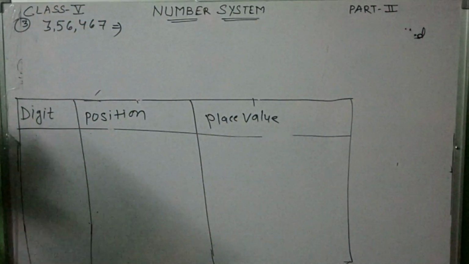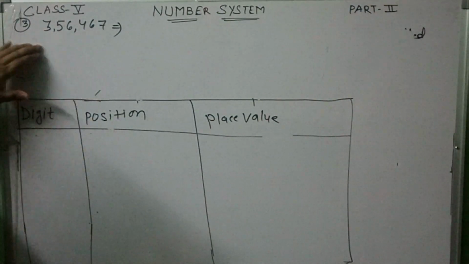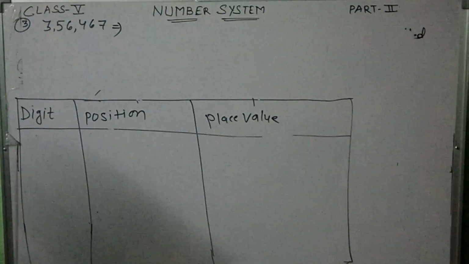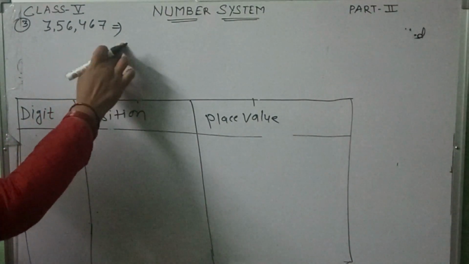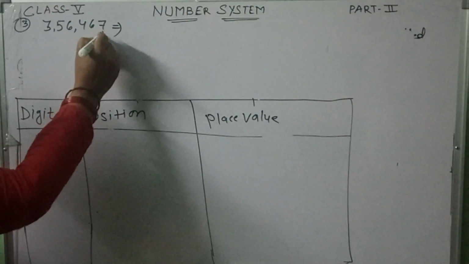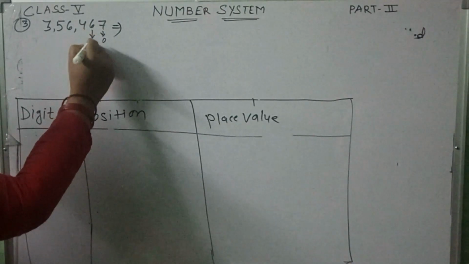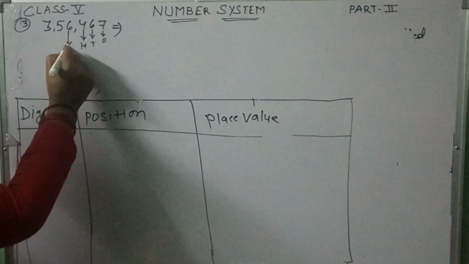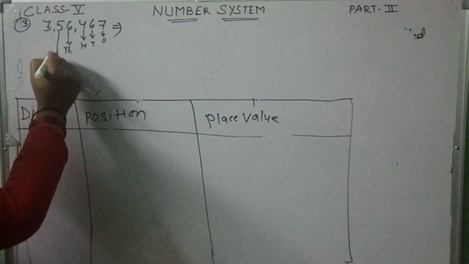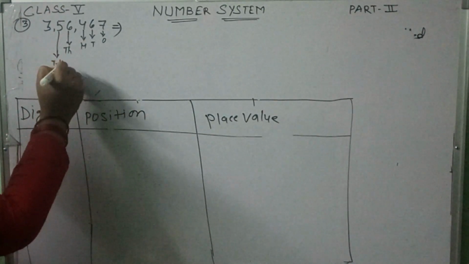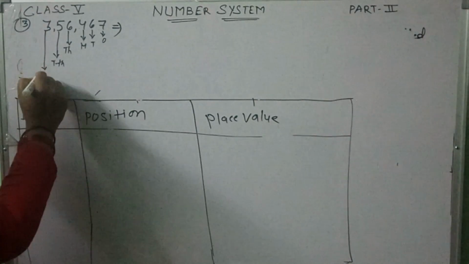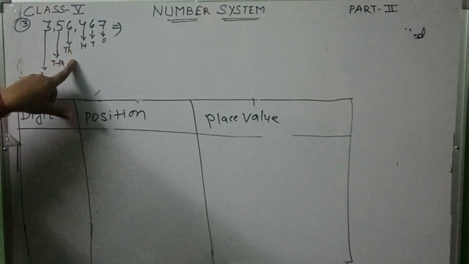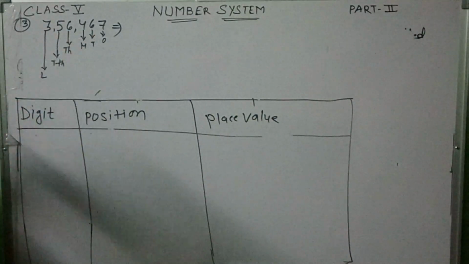And we have to find the place value of each digit. First we read the number. This one is the ones, this one is the tens, this one is the hundreds, this one is the thousands, this one is the 10,000, and this one is the lakh. Ones, tens, hundreds, thousands, 10,000, lakh. In rough you can write like that.